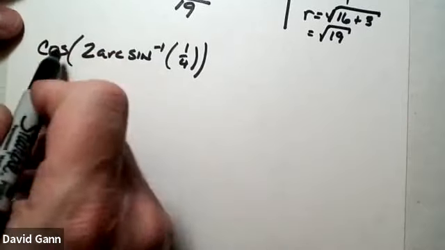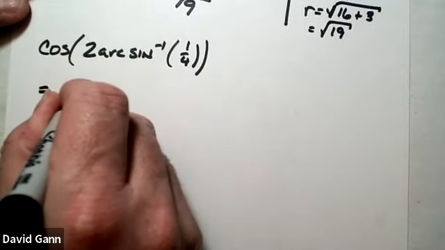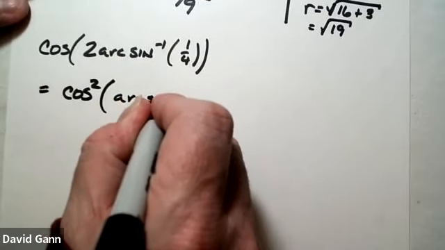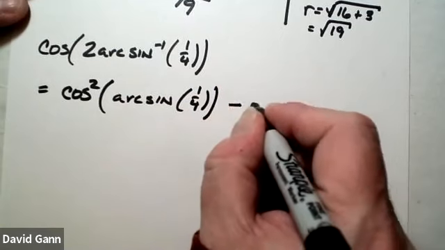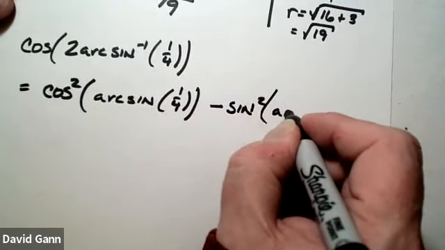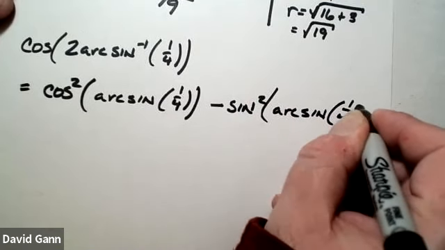So note that cosine of 2 theta is going to be equal to cosine squared of theta, which is the arc sine of 1/4, minus sine squared of the angle, which is arc sine of 1/4, right?